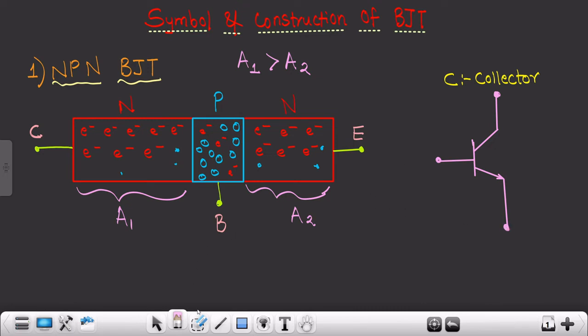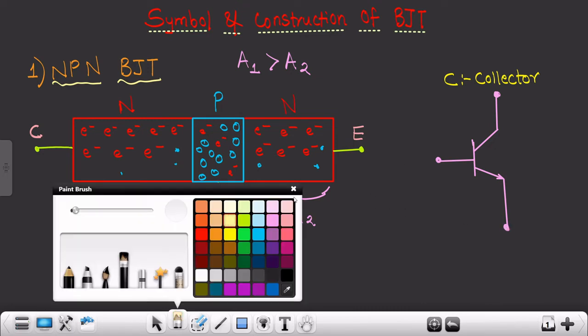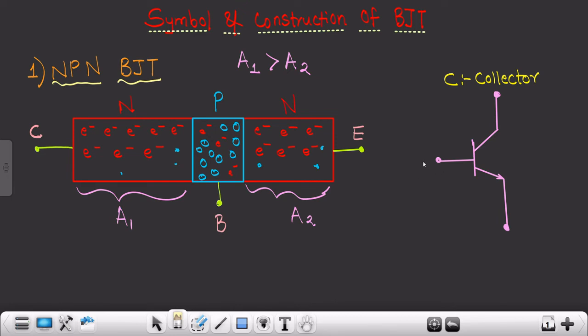Okay, and then we will see each and everything. Yeah, and this particular thing over here is the base of the transistor, indicated as B. B is indicated as base of the transistor, right? And this particular thing over here is known as E, that is the emitter of the transistor. I hope you are getting my point.